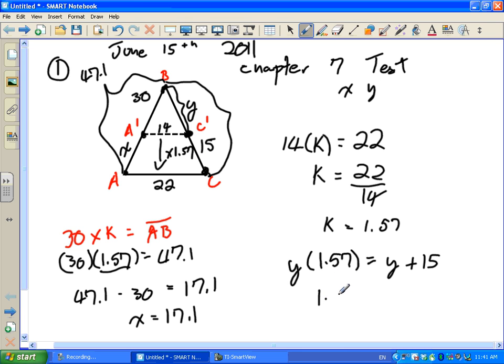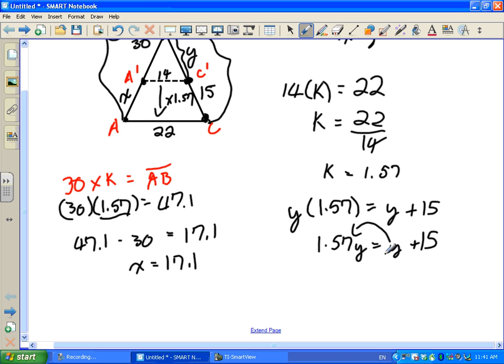What I'm going to do is multiply Y times this. We get Y plus 15. I'm going to move this Y to the other side of the equation. Now what's technically in front of that Y? A 1. So when it goes to the other side, it's going to be a negative 1. So I have 1.57Y minus 1Y equals 15. When I subtract, I get 0.57Y equals 15.